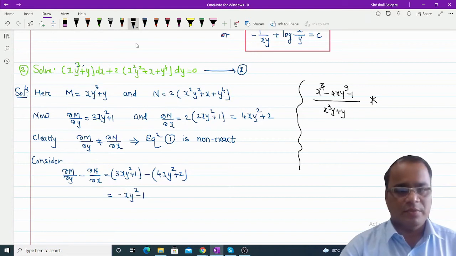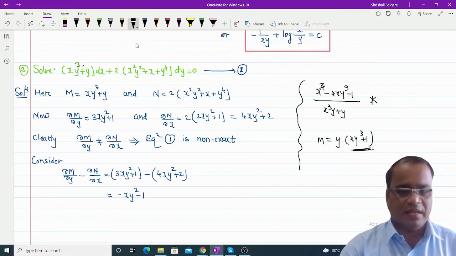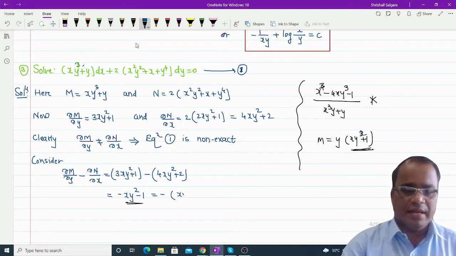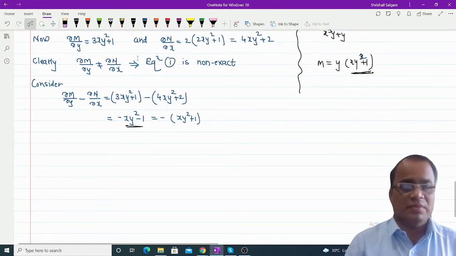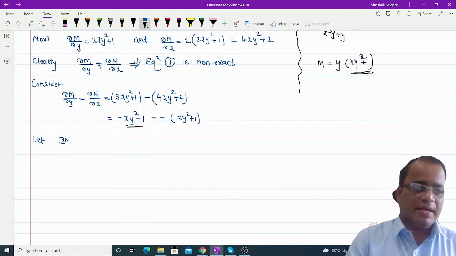So here you can observe from m, if you take y as common, you are getting xy square plus 1. That means this factor you can cancel. If you write the same term by taking minus as common, it is y square into (xy square plus 1). So that's why I will consider dividing by m. Now let partial n by partial x minus partial m by partial y, that whole divided by m.